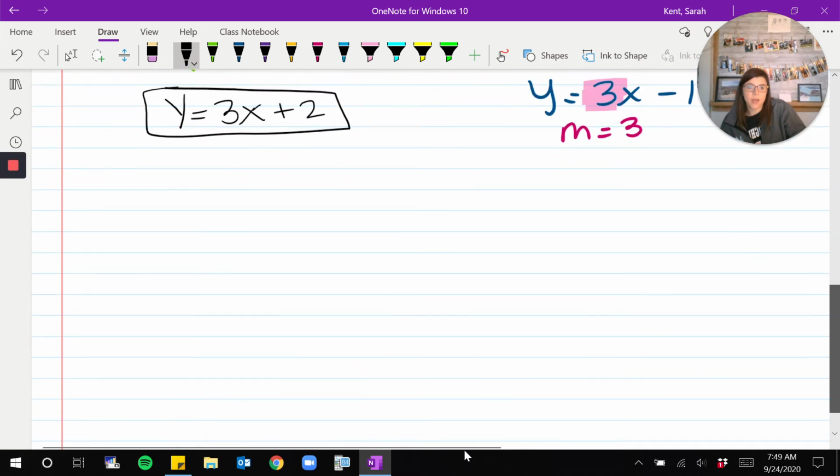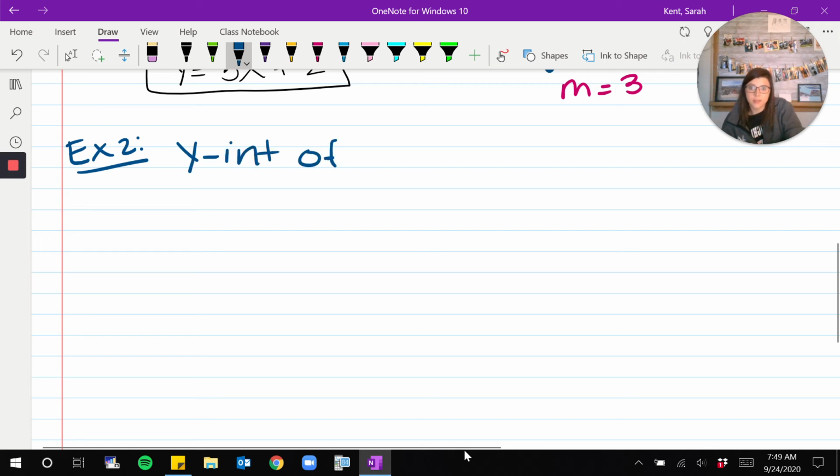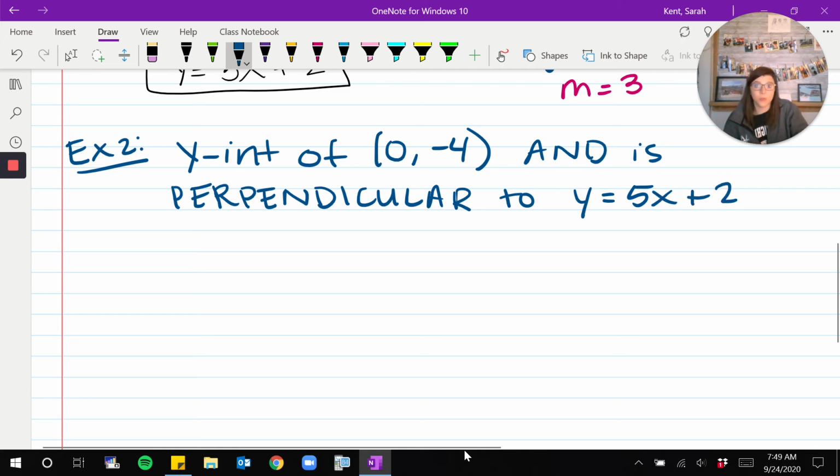All right, we're going to look at one more. This time, I want a line that has a y-intercept of (0, negative 4) and is perpendicular to y equals 5x plus 2.